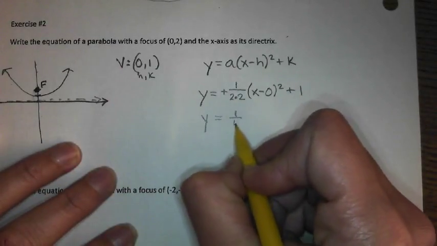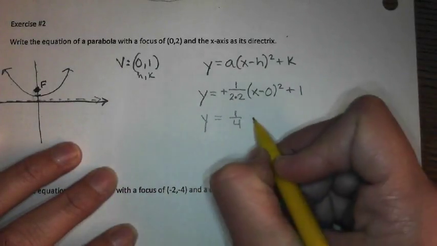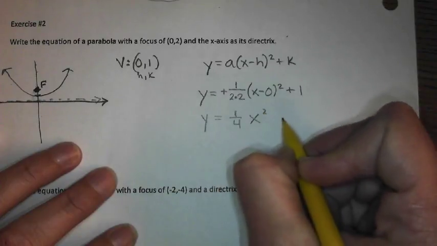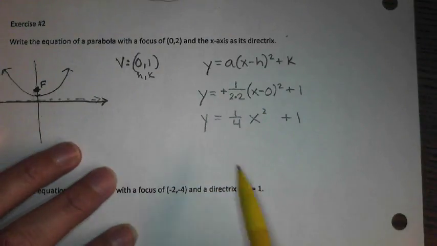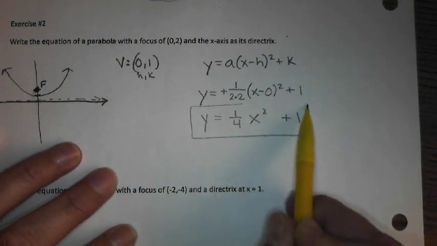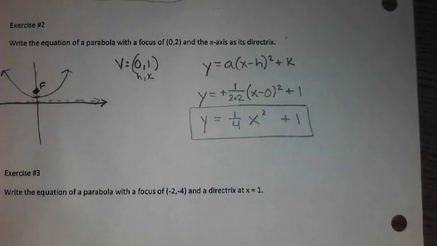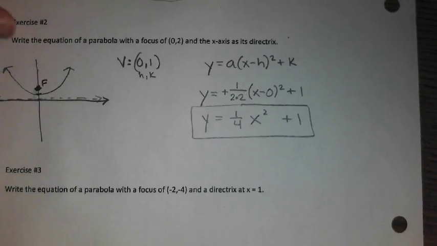It's 1/4. X minus 0 you don't really need, so just x squared plus the 1. Any questions? Okay? Next one.